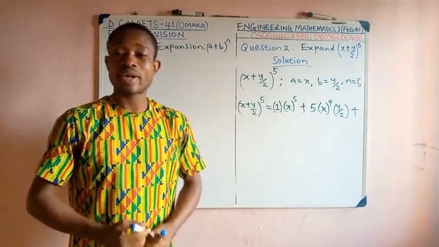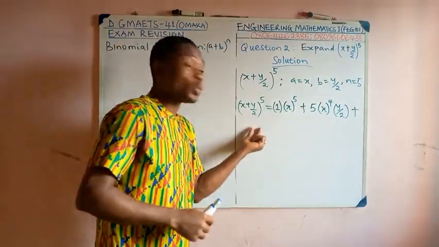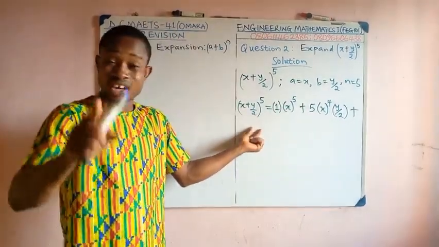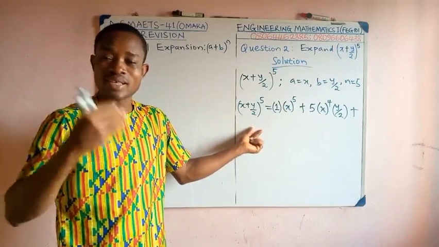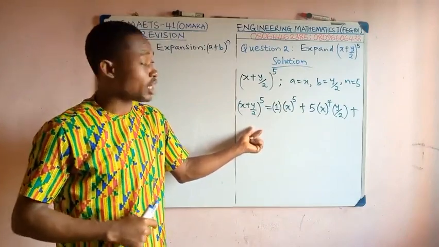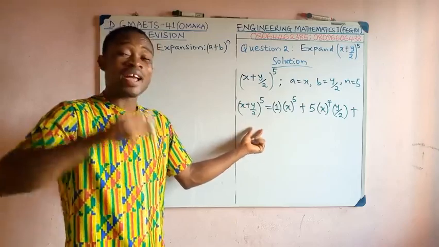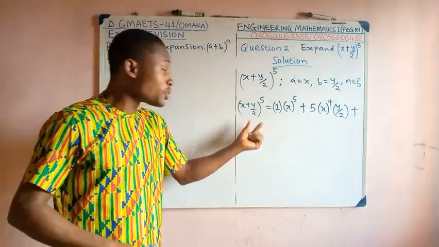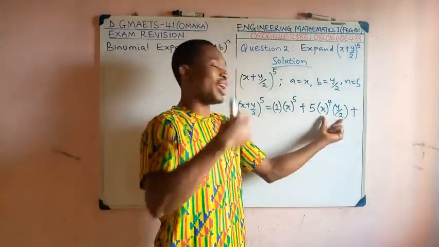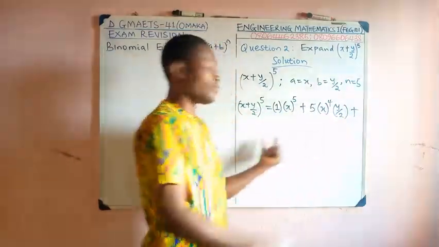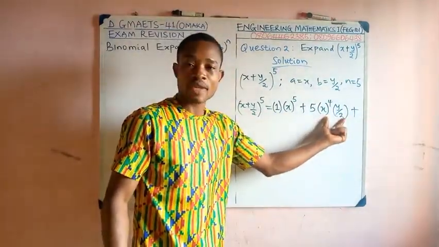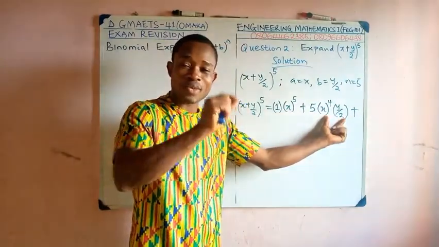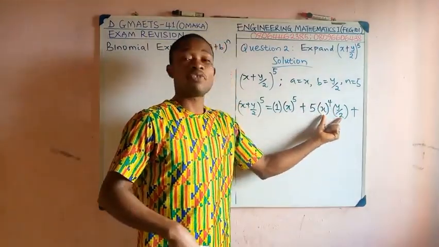The third term I'm about to obtain here is my n plus 1 term, according to that formula. Is that okay? The binomial expansion coefficient formula. So the third term is my n plus 1 term. To obtain the coefficient, I'm going to generate it from the n minus 1 term, that is just the term before it, which is this term. Are you following? So remember the formula is equal to the power of a in the term before it.